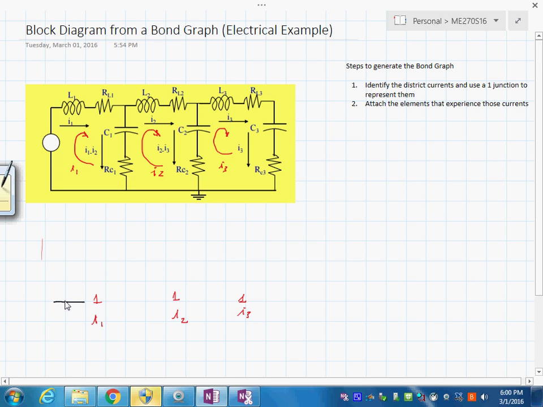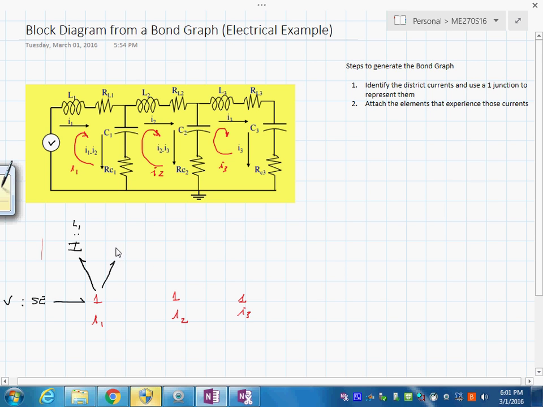That's this voltage right there. Then we have an I element with value L sub 1, and this is an R element with value L1. It doesn't matter what name we put.